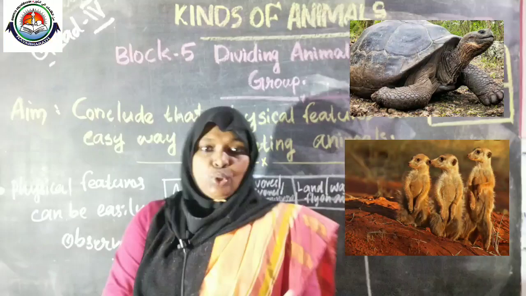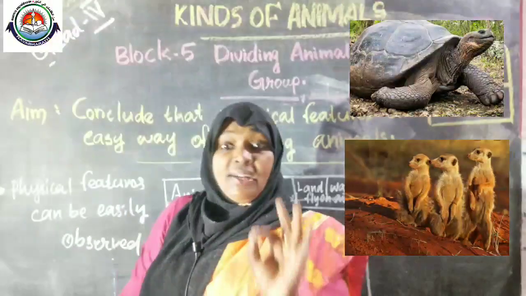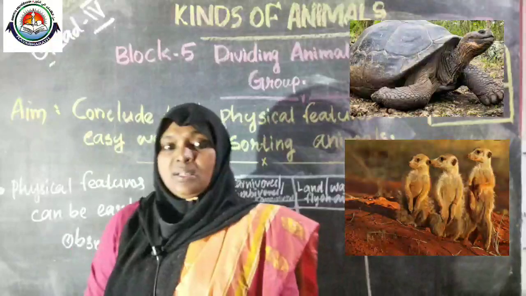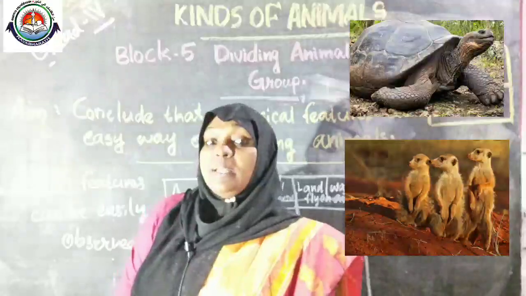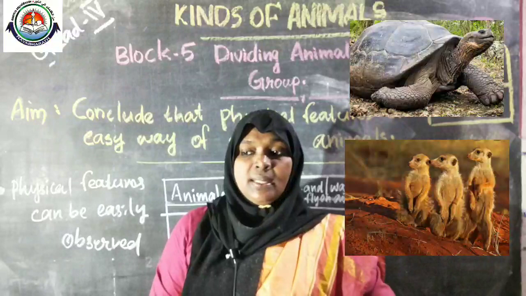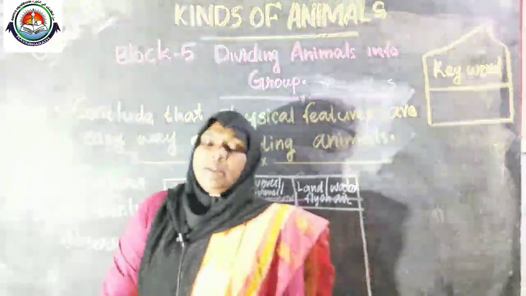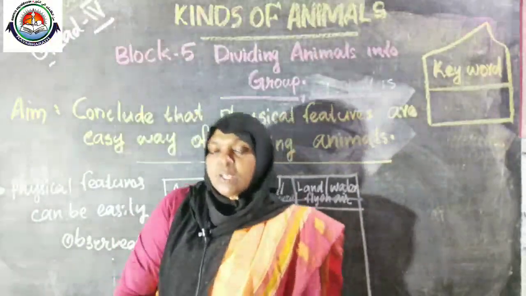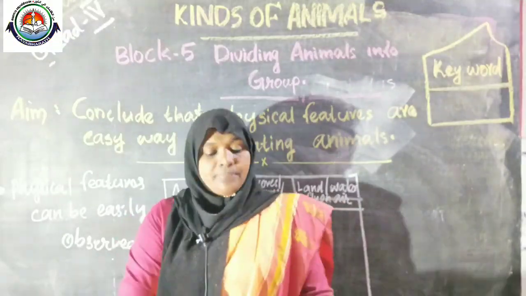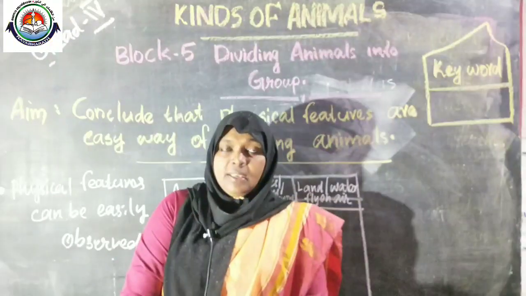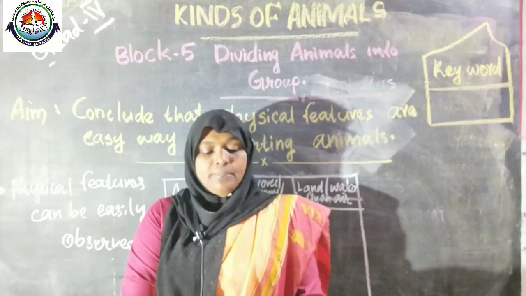Cats and tortoises do not share any distinct feature, so they would be in different groups. Clear the idea? Okay, dear children, now you have to take your workbook and look at the S1 of block 5.